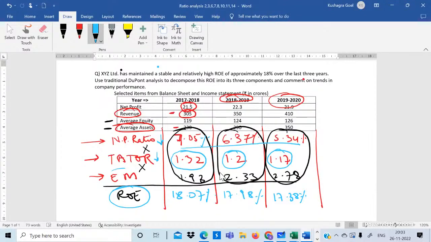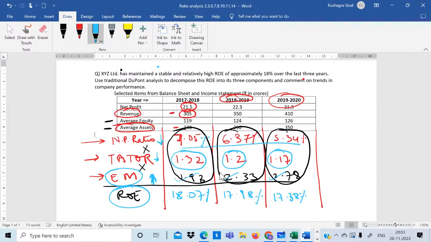But look at your equity multiplier. Equity multiplier talks about leverage or debt which is there in the company. What is happening? Company has been taking and increasing debt, because equity multiplier from 1.93 has gone to 2.33 and then 2.78. So the company is increasing the risk and they're taking debt more and more.